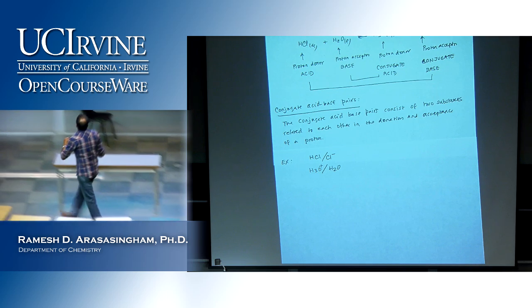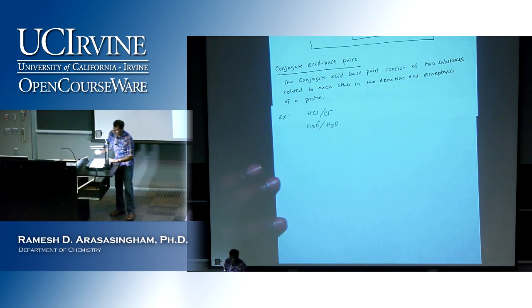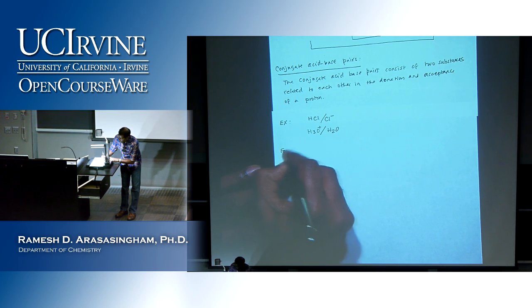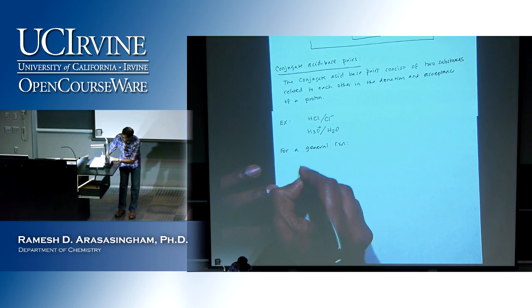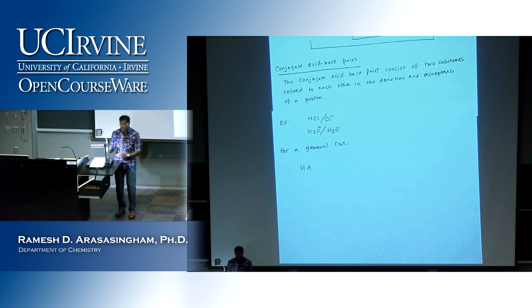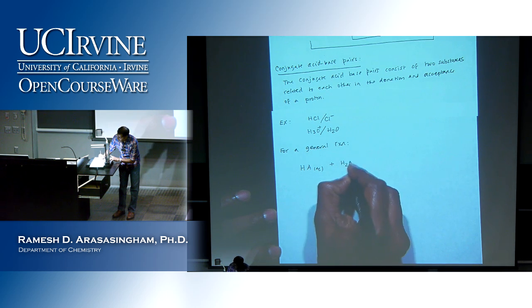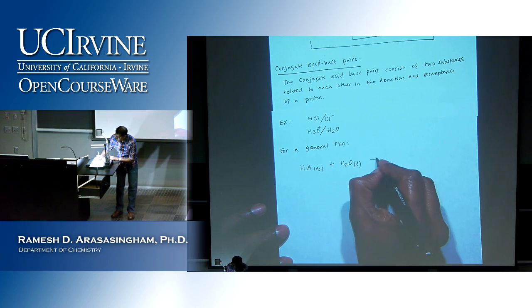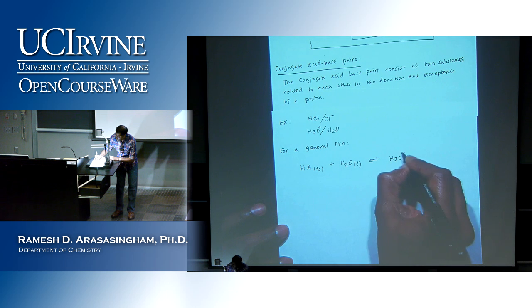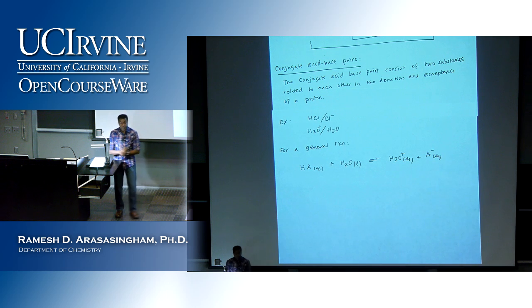All right? So if I write a general reaction for any acid, we can say the acid is HA. So the acid has to have a proton. All right? And so if you dissolve the acid in liquid water, then you would establish the equilibrium where you have hydronium ions plus A minus.